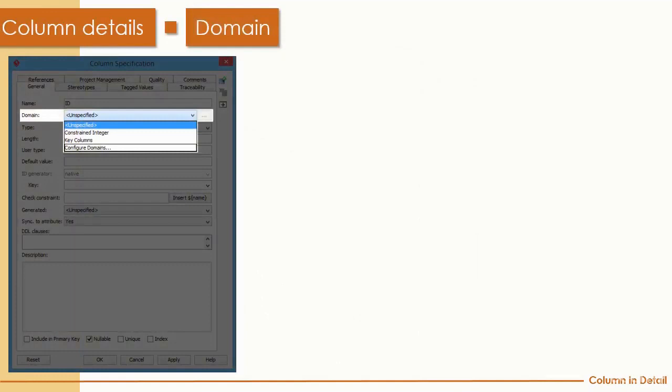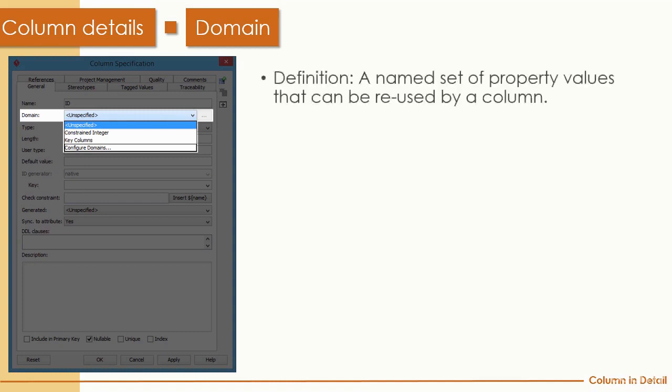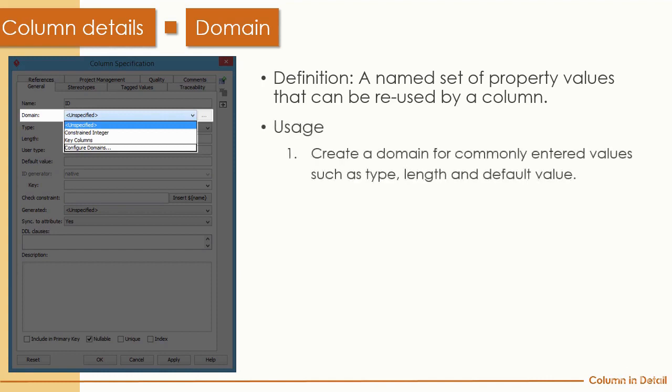The first one is the domain. This domain is the same as the domain we introduced in the table. It also contains a set of reusable values that you can reuse when you design your database. The usage is you create the domain, and then you set the type, length, default value, etc. Then you can reuse it in another column when you need it.